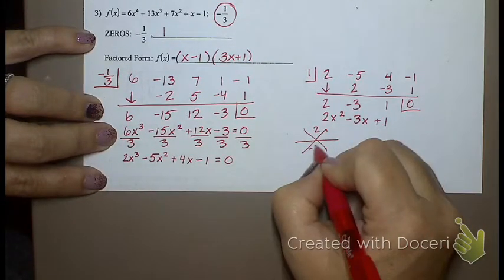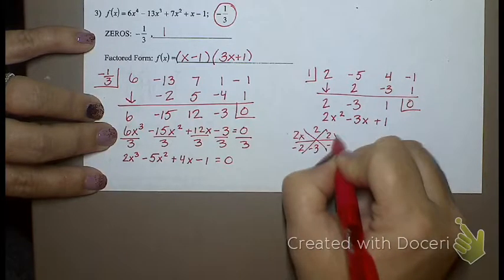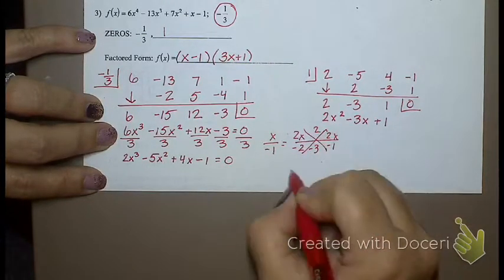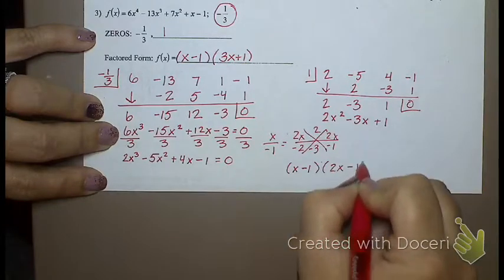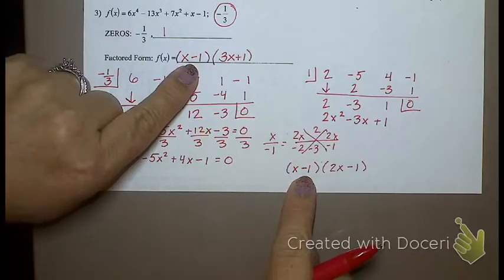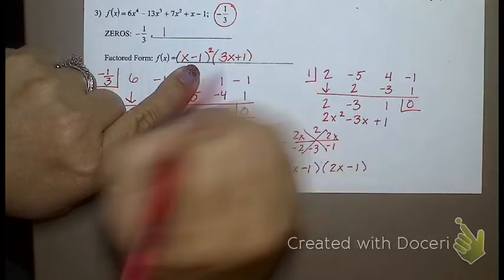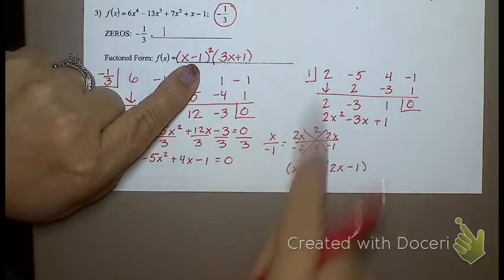2 and negative 3. That would be negative 2 and negative 1. So this becomes x over negative 1. And this stays 2x minus 1. So x minus 1 and 2x minus 1. What do you notice about the x minus 1? It's already there. So what does that mean? I have to put a squared there because the parentheses is twice. It worked there and here.